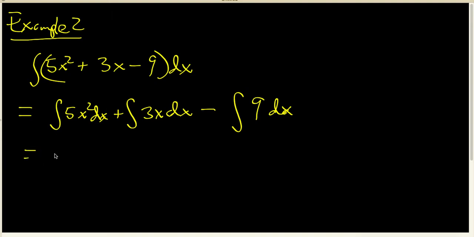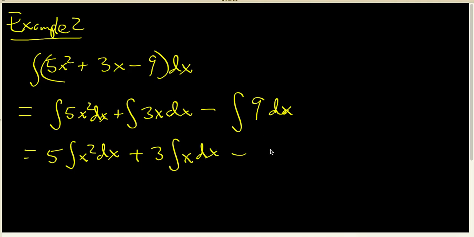Now, this is going to be 5 times the integral of x squared dx. And the next one would be 3 times the integral of x dx. And this one would be minus 9 times the integral of just dx. And I'm going to want to talk about that one in a little bit of detail in just a minute.